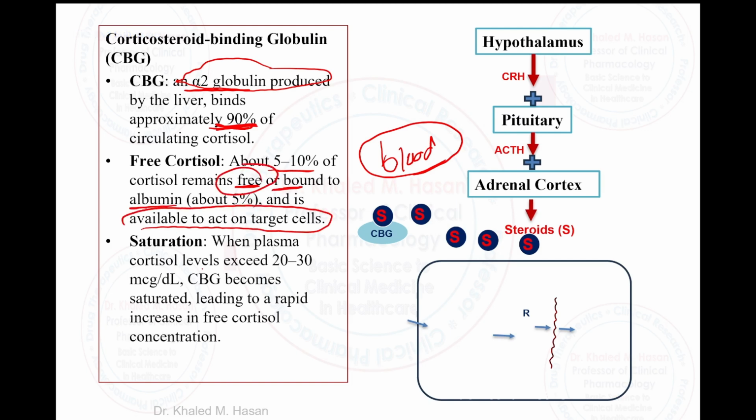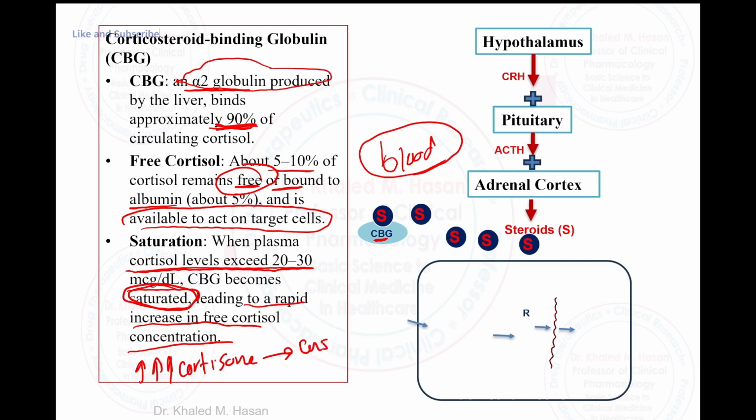Okay, what happens if you have a large secretion of cortisone, like 20 to 30 micrograms per deciliter? The binding protein will be saturated. This will lead to increased free cortisone and increased concentration. So if you have a large amount of cortisone in our blood, this will lead to the syndrome called Cushing syndrome.